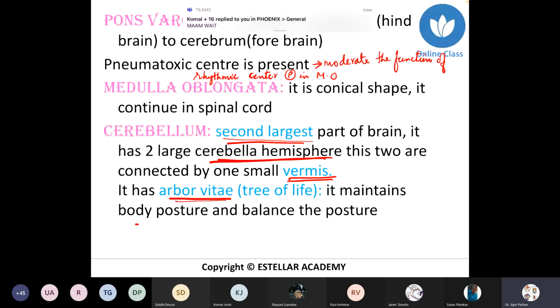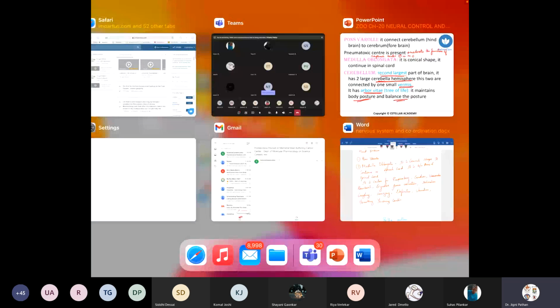Komal, what do you want to? Are you done with the medulla oblongata, Komal? No. Okay. Write down.